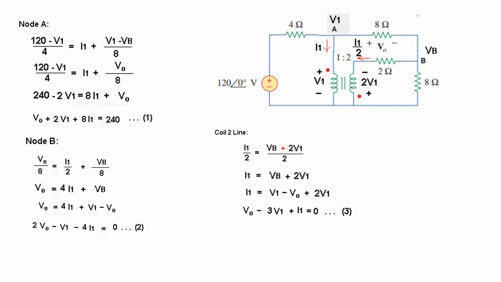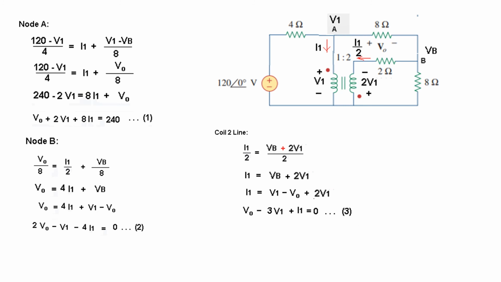Because the current from this voltage is moving like this, and the current due to this voltage will also be moving in the same direction, towards the positive. So they'll be adding, and that is why we add 2V1 divided by this resistance 2. Simplifying again, replacing VB with V1 minus V0, this is our third equation.